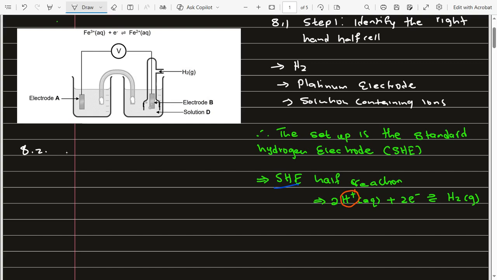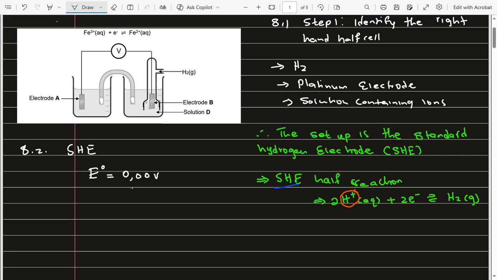Okay, so the scientists chose the SHE as the reference electrode, and they assigned it the reading of 0.00 volts.